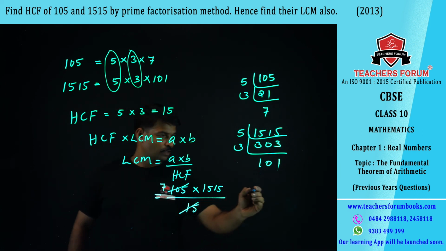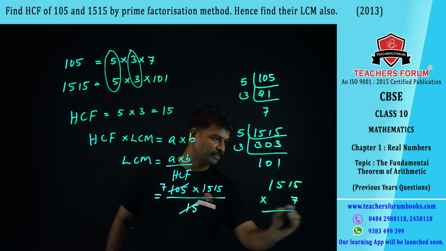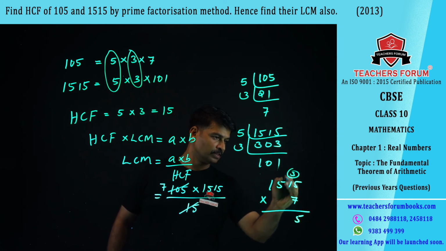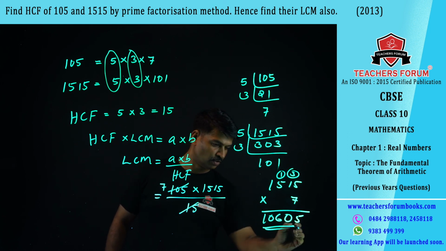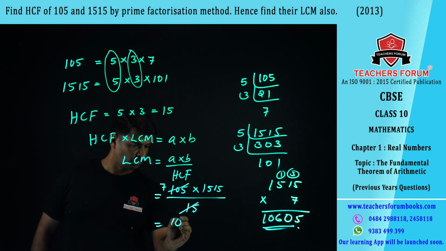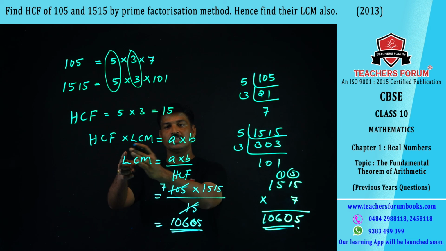Now let us multiply 1515 by 7. 7 5s are 35. 7 into 1, 7 plus 3, 10. 7 5s are 35 plus 1, 36. 7 plus 3, 10. So LCM is equal to 10,605.